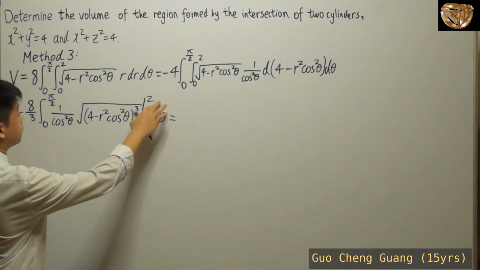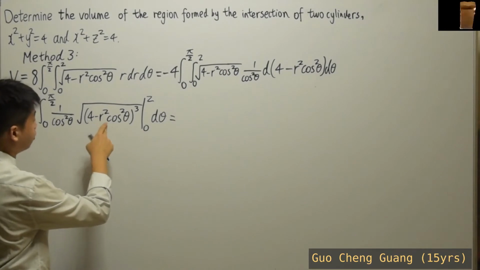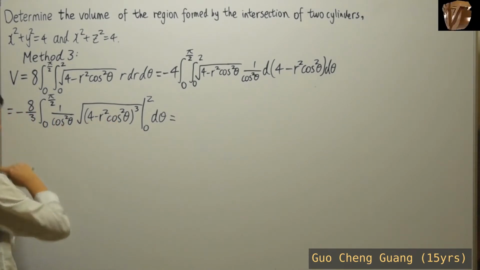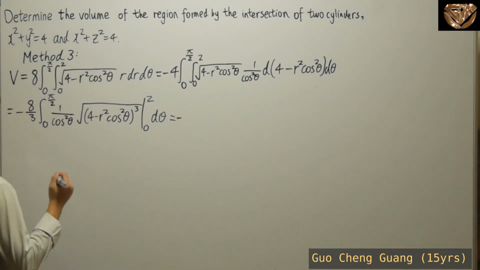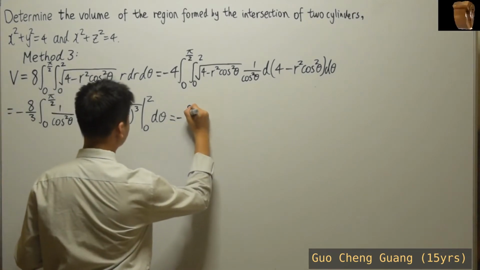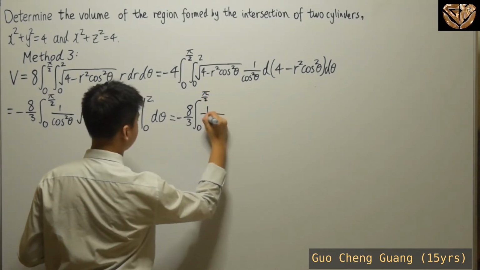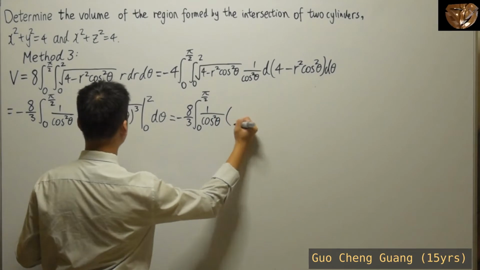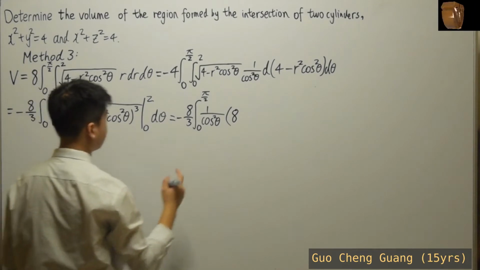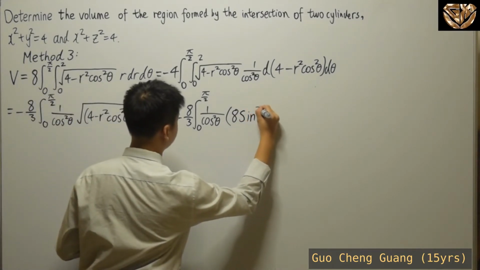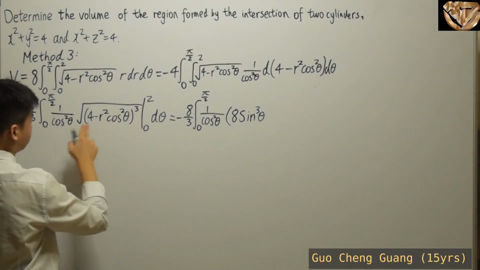Now of course, when you substitute in 2, you will be having 4 minus 4 cosine squared theta, where you could take out the 4's. Which means we would actually have to separate this into 2 separate parts. In your first term, you're going to have 8 sine cubed theta, since we have substituted in the 2, you could take out the 4's, they go through a square root and a cube.